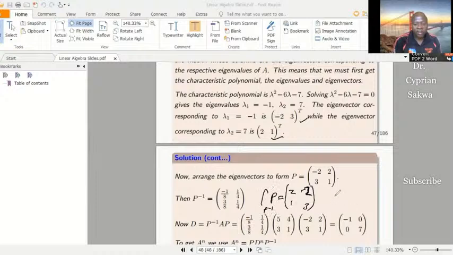But then D would have been different: this is an eigenvector corresponding to lambda 7, so I would have had 7 there, and this is the eigenvector corresponding to lambda is -1, so this is -1, and this is how D would have been. So how you arrange your vectors in P determines your diagonal matrix D. That is the only important thing.